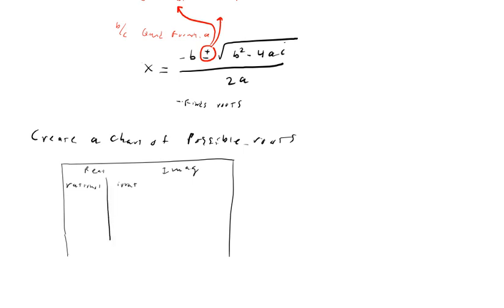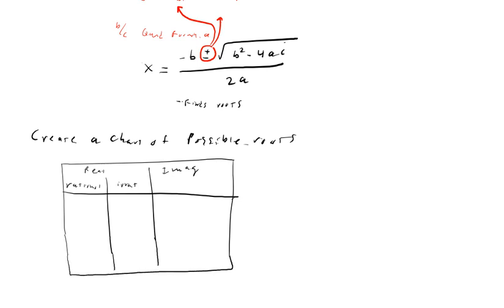So we have these 3 sort of possibilities. We're going to create a chart of possible roots, and the sum of all these sections has to be equal to the complex roots, or the degree of the problem over here, in our case.